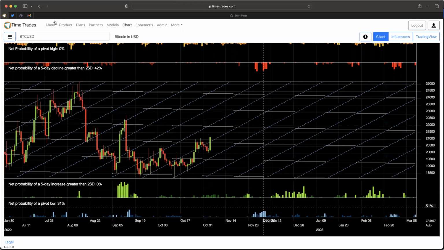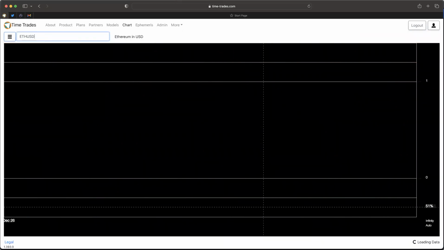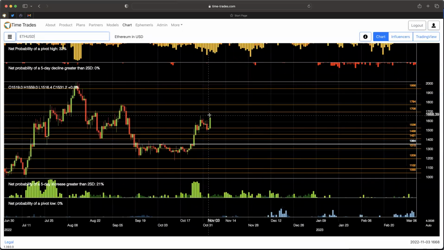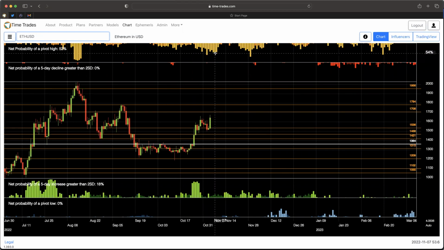Let's go and take a look at Ethereum and Time Trades. Okay, so Ethereum had a great week. We've got this big green bar on Friday, and now we're coming into what looks like a fairly high probability pivot high on November 7th.